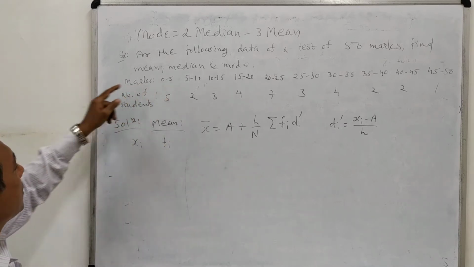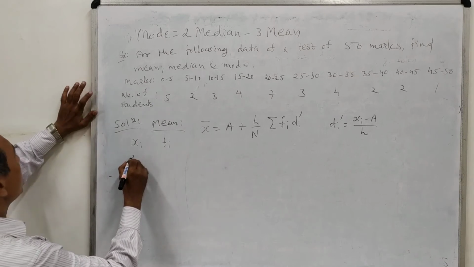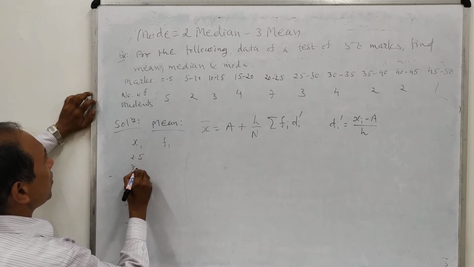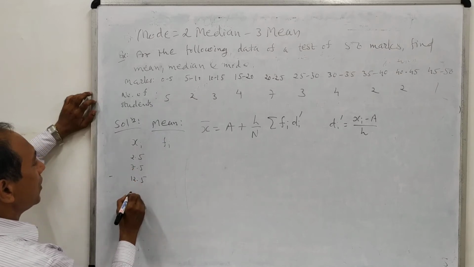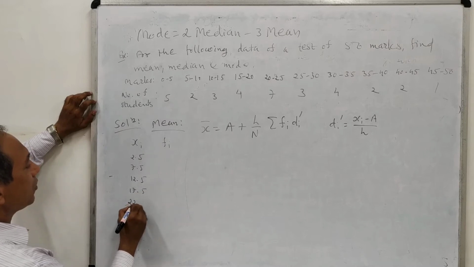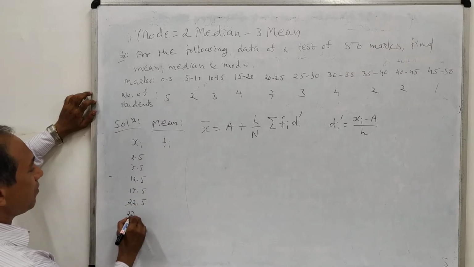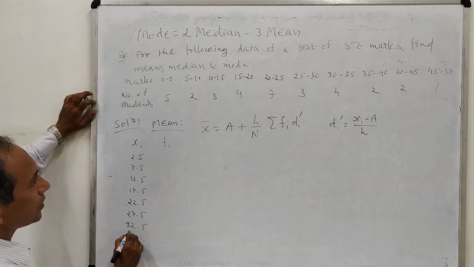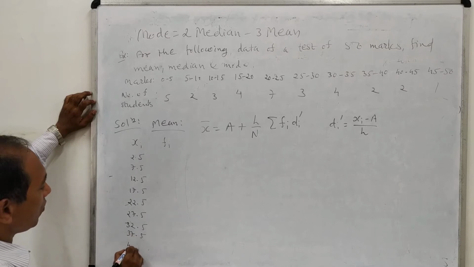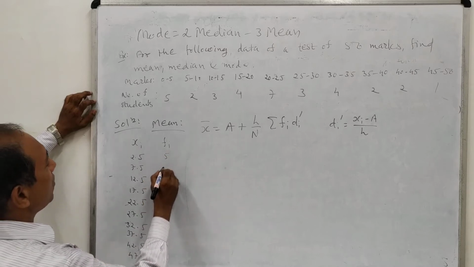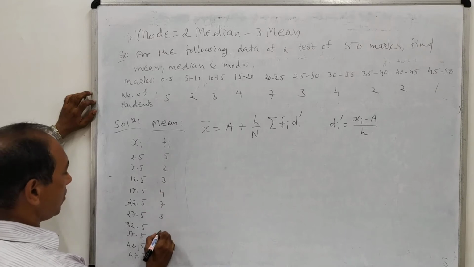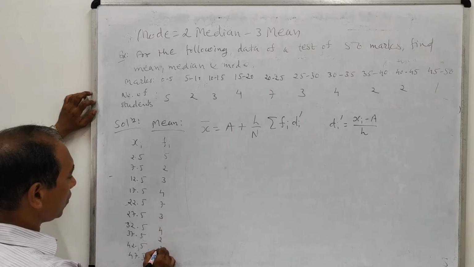Xi means the mid values: 0 plus 5 by 2, that means 2.5. Then 5 plus 10 by 2, that means 7.5, then 12.5, 17.5, 22.5, 27.5, 32.5, 37.5, 42.5, and 47.5. The corresponding frequencies are 5, 2, 3, 4, 7, 3, 4, 2, 2 and 1.